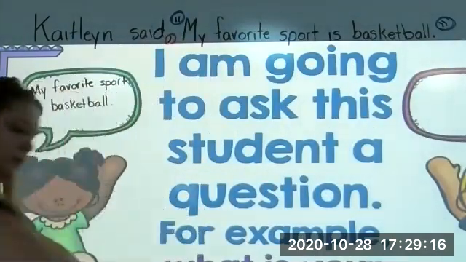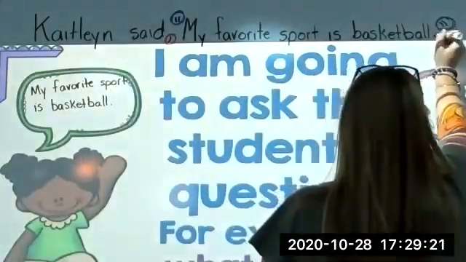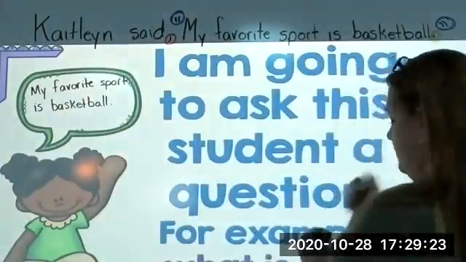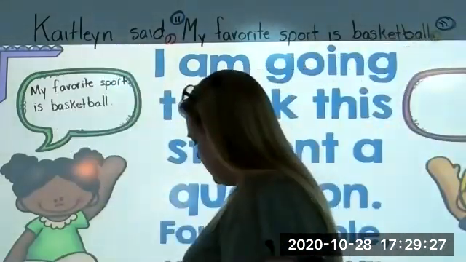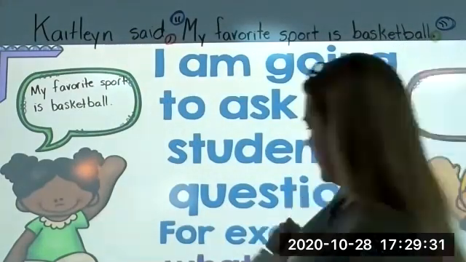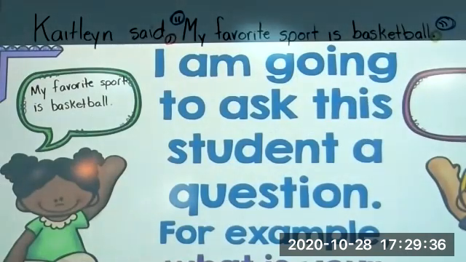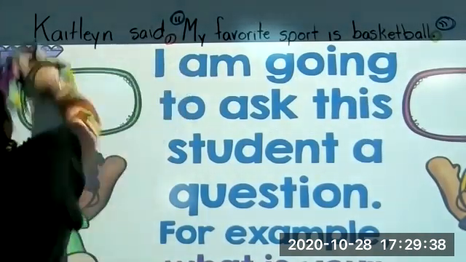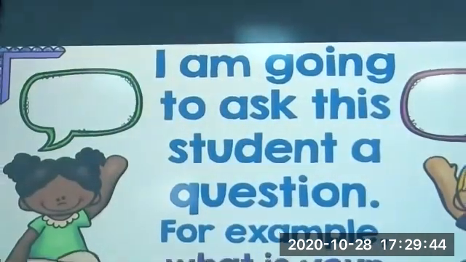And our punctuation, our period, goes inside the quotations. So Caitlin said, "My favorite sport is basketball." We use our hands to show the actual quote that she said. Okay, I'm going to zoom back out.